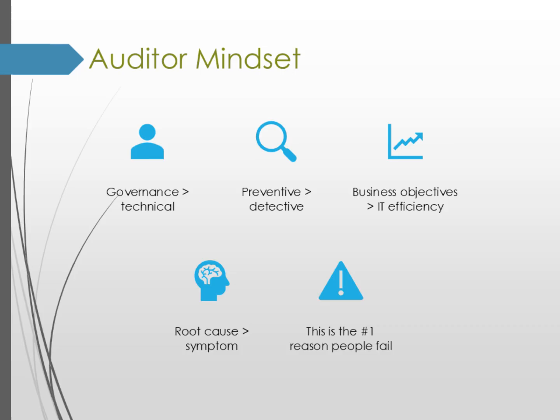Stopping issues before they occur will almost always be the better answer. Keep your focus on business objectives, not just improving IT efficiency. And when analyzing a situation, go beyond the surface. Look for the root cause, not just the symptom. Because this shift in thinking is often the difference between passing and failing.